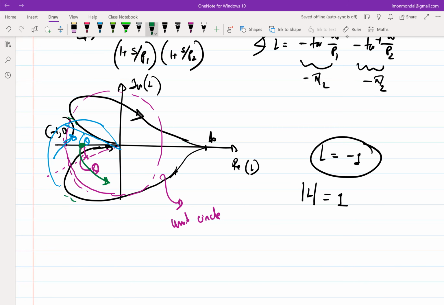Okay, so that is why this is often a go-to margin for most circuit designers, and this margin we call phase margin, right?